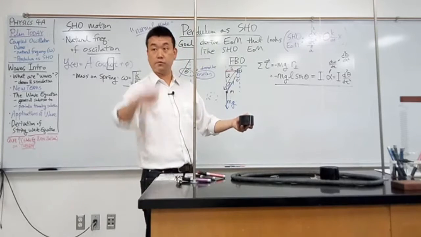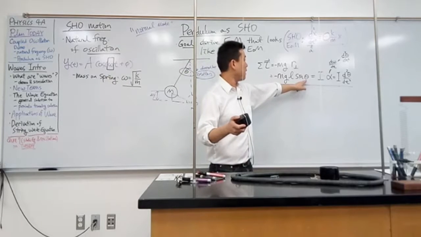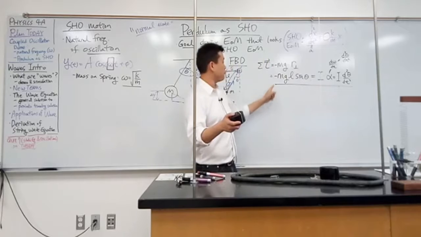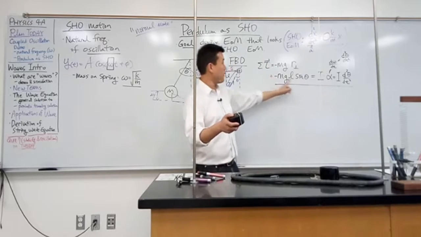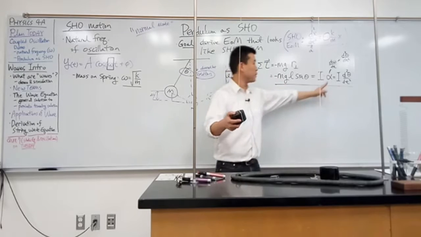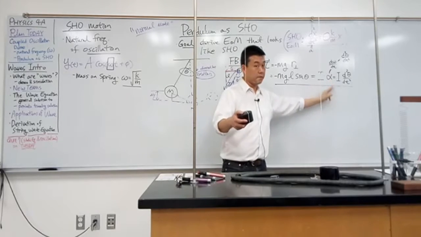I'm not going to try to pull that negative sign out. Instead, to express the relationship between these two, I'm going to put in a minus sign here so that when theta is negative, then negative times this negative will give me a positive angular acceleration. Okay?